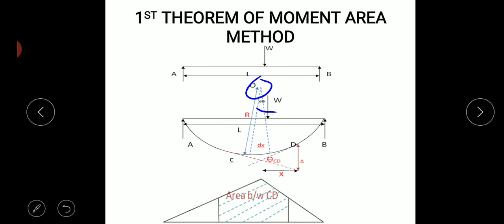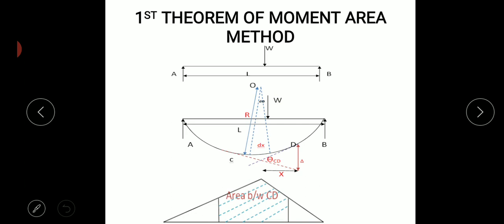You can observe here that dx is the elementary distance in between the points C and D.